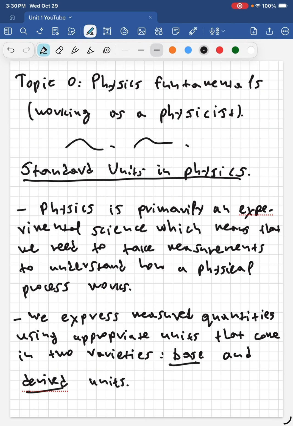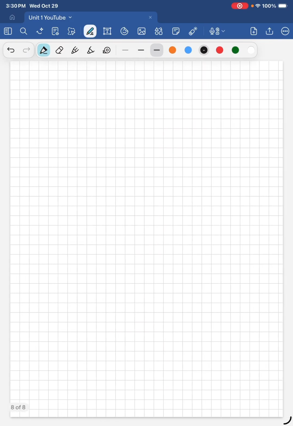And let's start discussing units with base units.